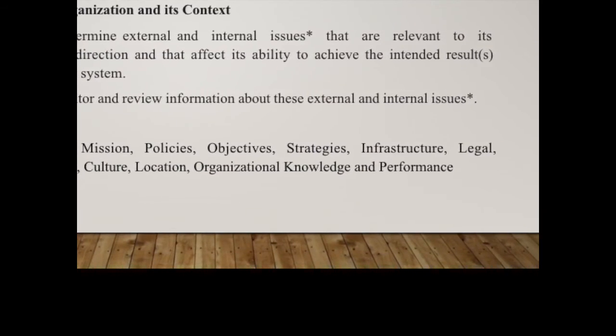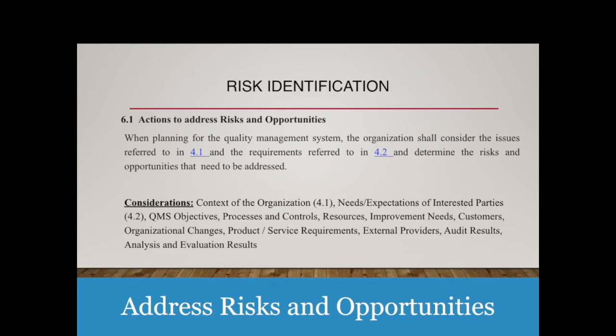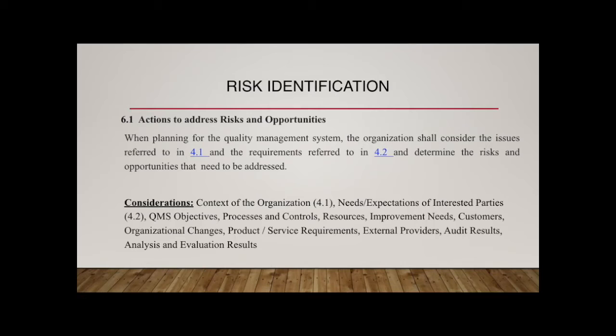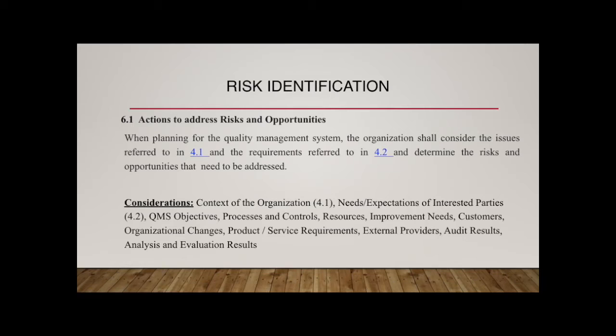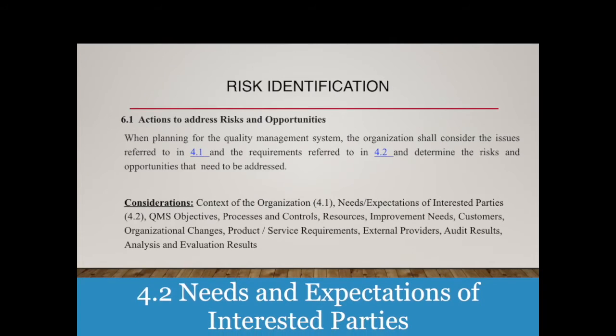Next, ISO 9001-2015 requires actions to address risks and opportunities in Clause 6.1. The organization shall consider the issues referred to in Clause 4.1, which is the context of the organization, and the requirements referred to in Clause 4.2, which identifies needs and expectations of interested parties.